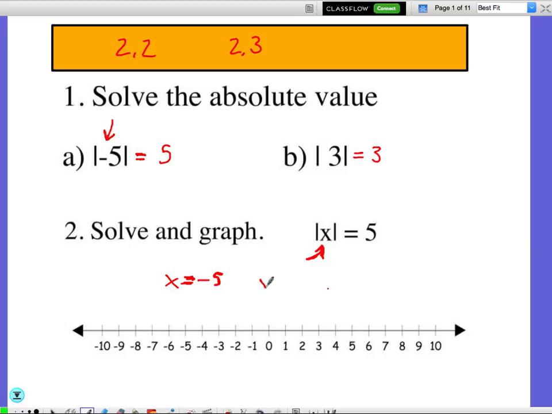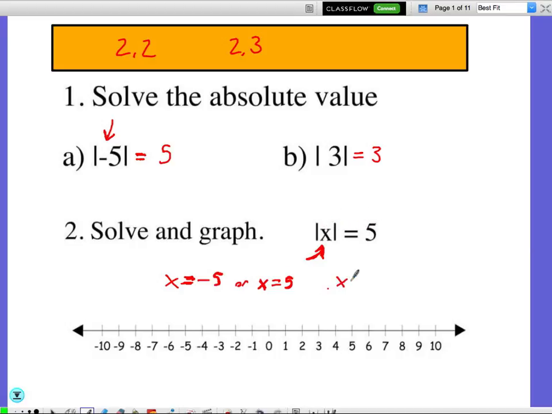Well, a lot of you were able to guess this. The other answer is x equals 5. So notice I can plug in negative 5 or positive 5 in for x, and that's going to give me 5.